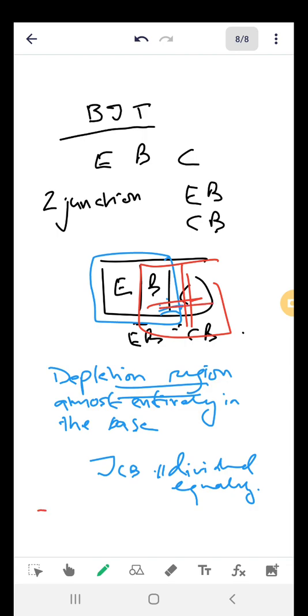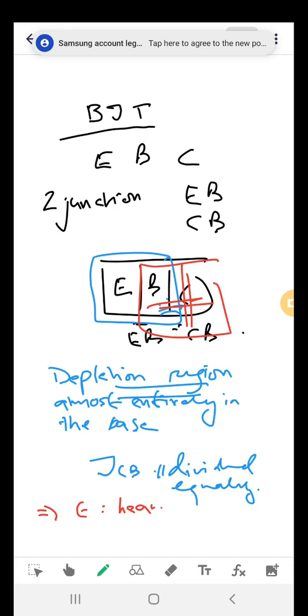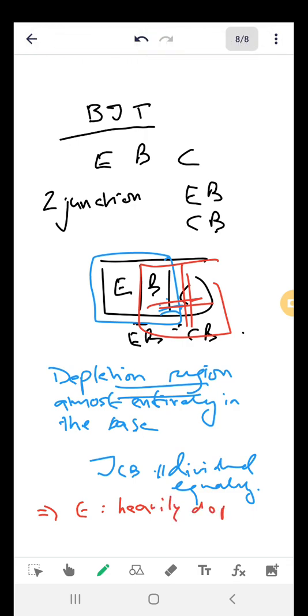This is mainly due to the fact that the emitter is heavily doped. So sometimes if we are using an NPN transistor, we usually call it an N-plus-P-N transistor. The plus indicates that it is heavily doped, whereas the collector region is comparably doped.